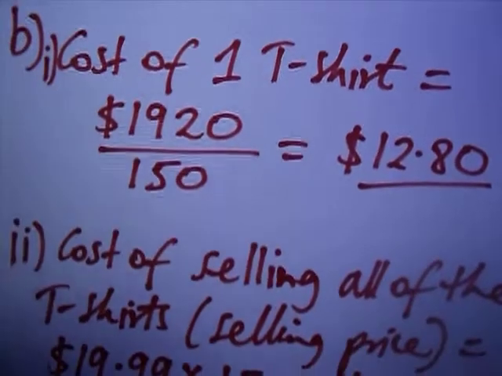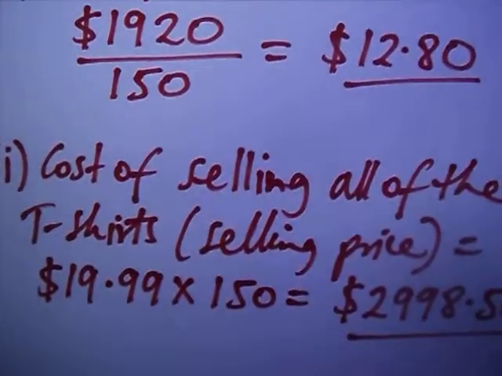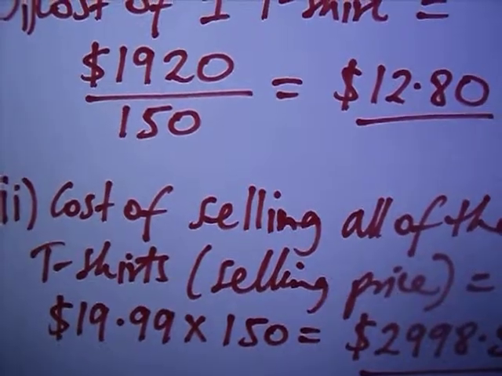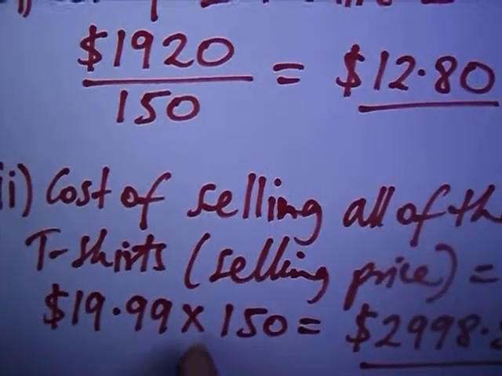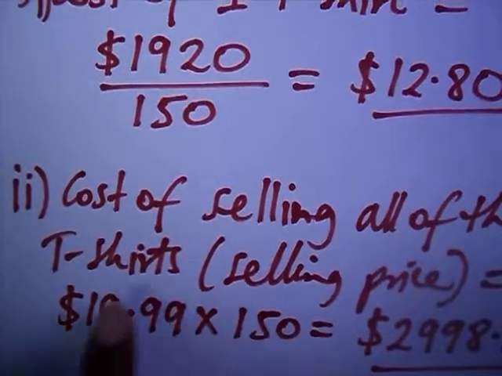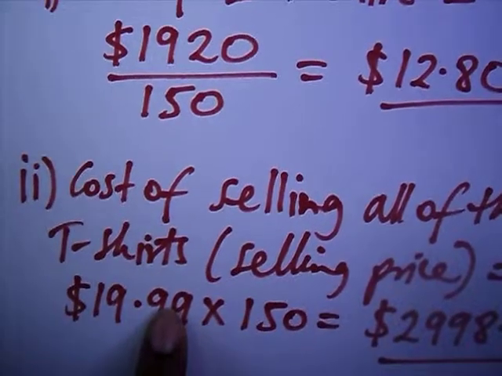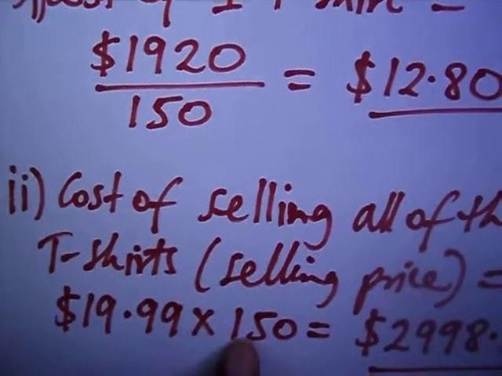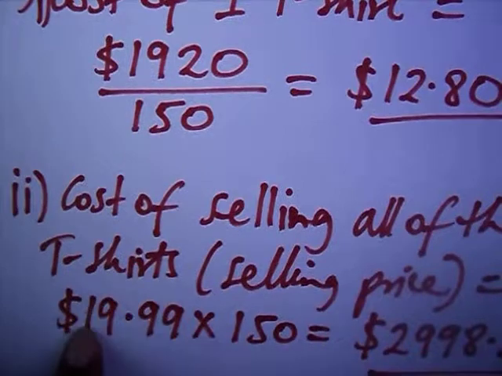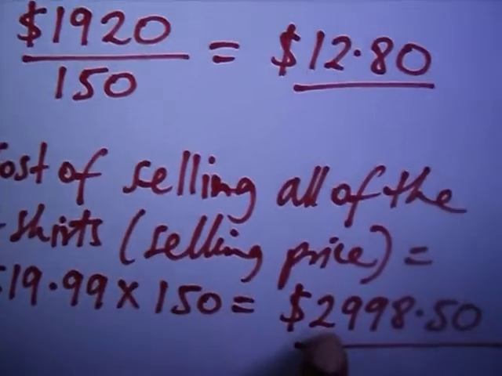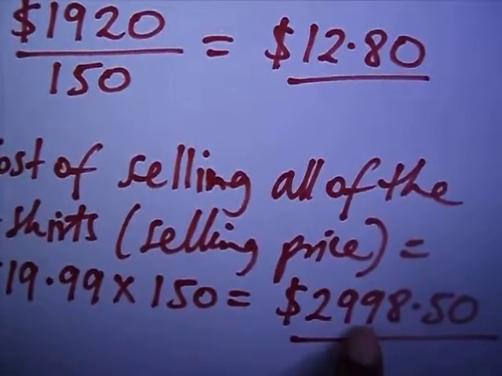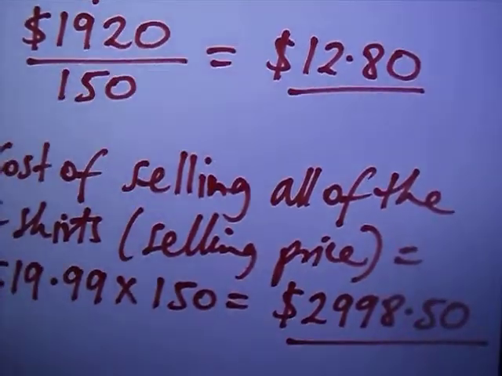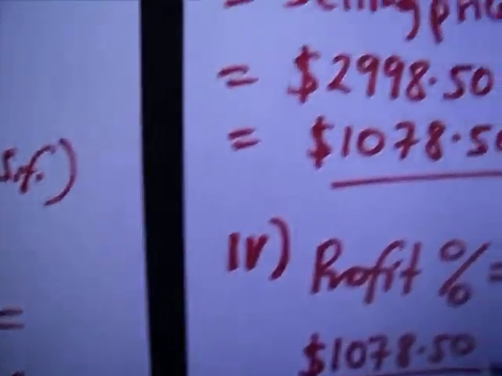So the selling price: you have how many of them? 150, at $19.99 each, so it's 150 times $19.99, which should give you $2,998.50. And we are looking at number 1B.